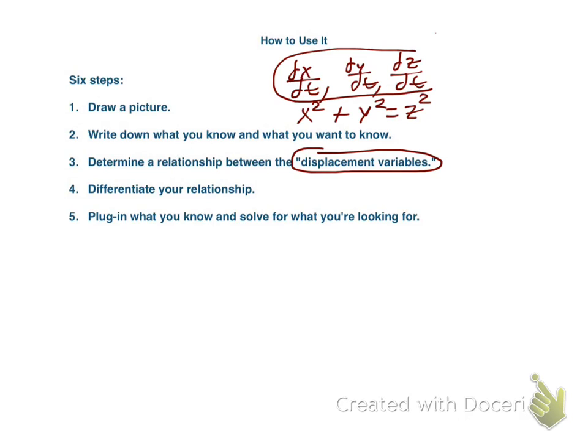After that, you can plug in what you know. Like maybe you're solving for dz/dt, so you plug in values for dx/dt and dy/dt, and then you can solve for what you're looking for, dz/dt.